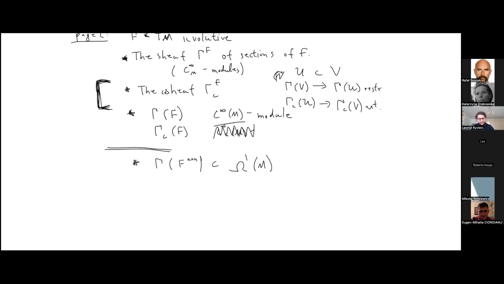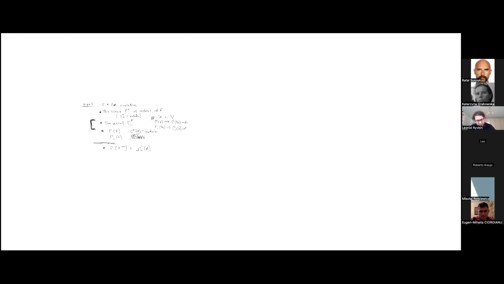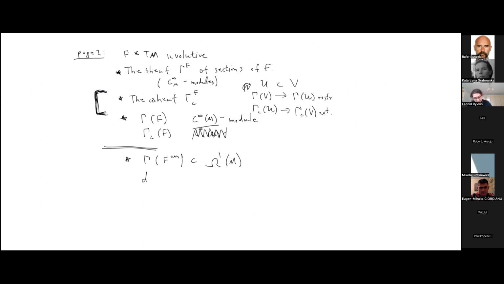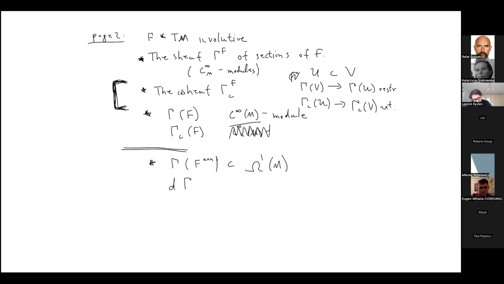So we had 4 essentially equivalent formulations, and now one which will later be actually different. It's when we look instead of sections of F, at sections of its annihilator in the cotangent bundle, which is a certain set of one forms. Then the involutivity can be rephrased as saying that the exterior differential of this space is in the ideal generated by it.